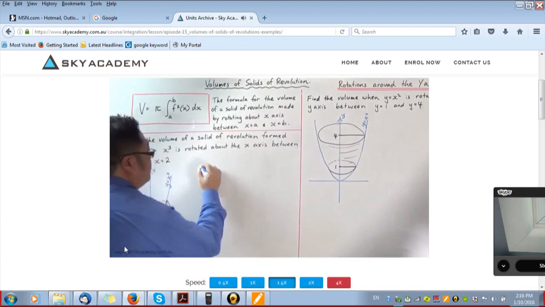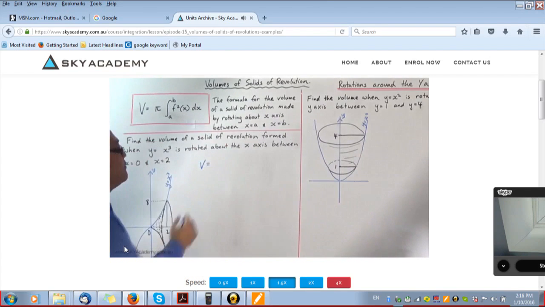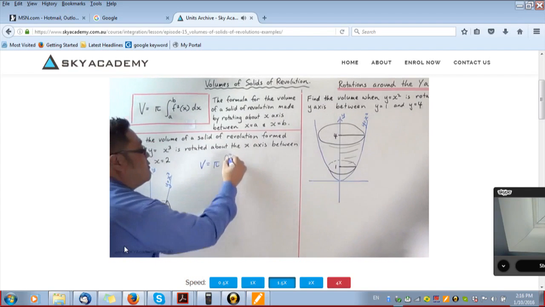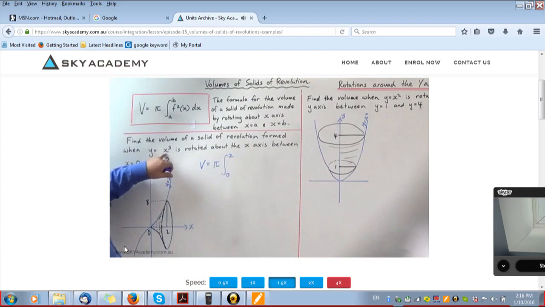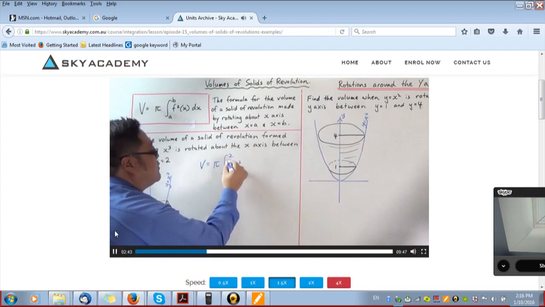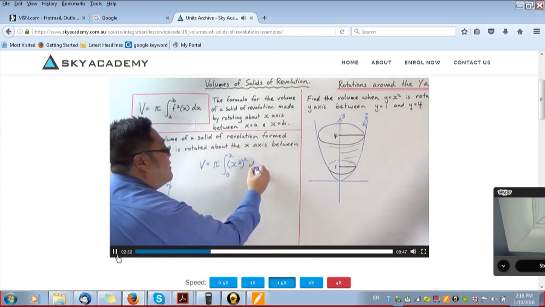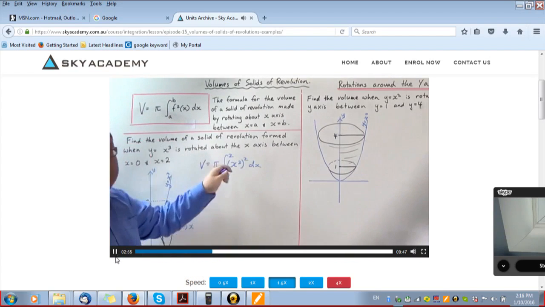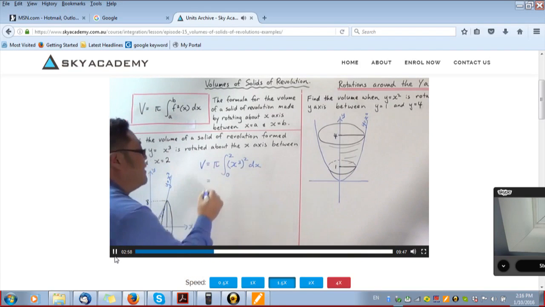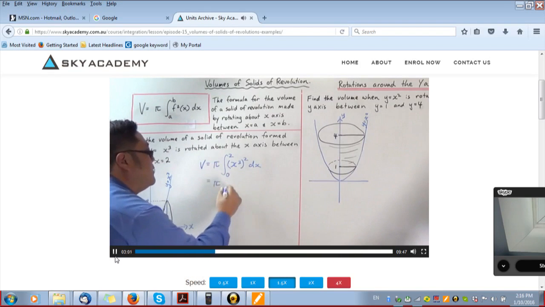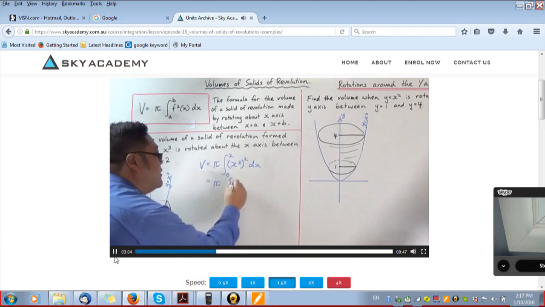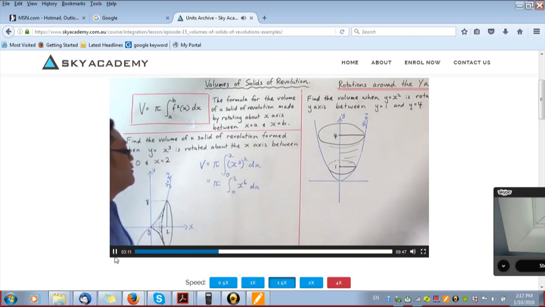Okay? So the volume is going to be pi times the integral, work that out. That gives us pi times the integral from 0 to 2 of x cubed squared, which is x to the power of 6, dx, right?